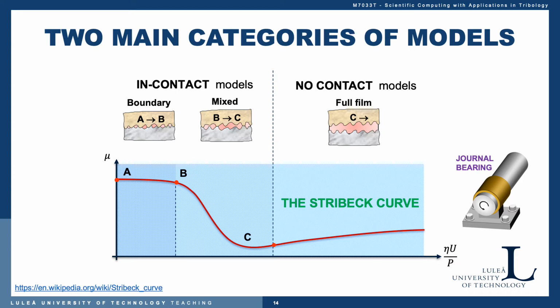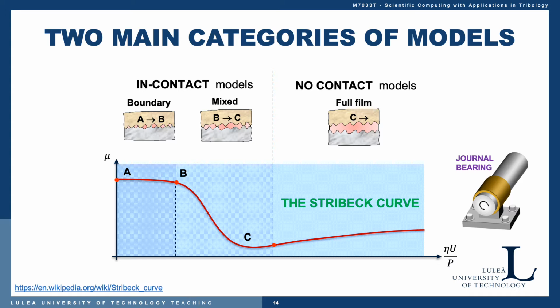And then we can see if we, for example, operate the journal at a relatively high speed, we are in the full film regime, where we have full separation between the contacting surfaces. No contact occurs. If we now reduce the speed, we move into the mixed lubrication regime, where we get actual direct contact between the surfaces.